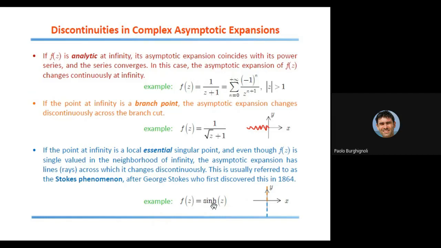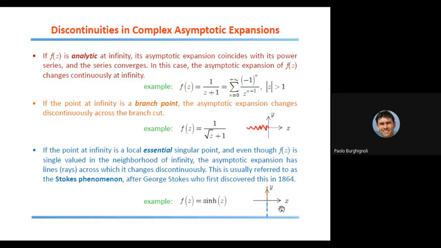And finally, we have the example of the hyperbolic sine, in this case at infinity. So we have z as an argument, in which the function has an essential singularity. And this is the case which was originally considered by Stokes, and in which he found with much surprise that he needed to enforce a discontinuity in the asymptotic representation if we wish to maintain accuracy in the representation of the function, which again is a continuous function because the hyperbolic sine is analytic everywhere in the complex plane.